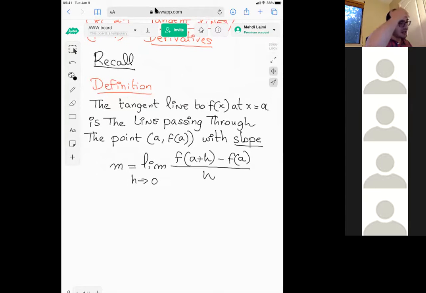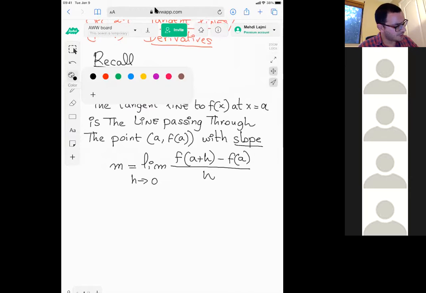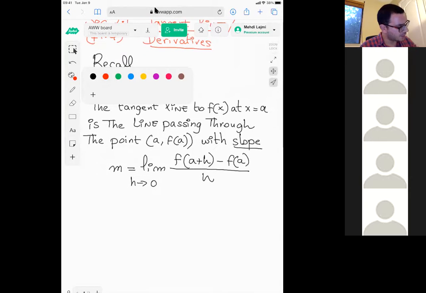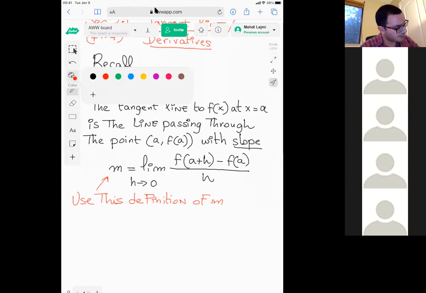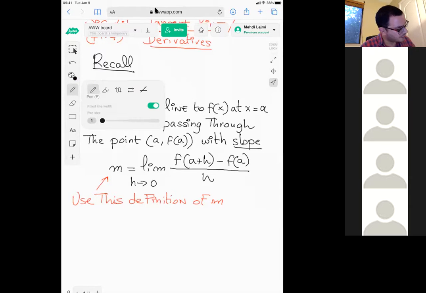In practice, we're going to use this definition of m. But actually, this definition is equivalent to the following.